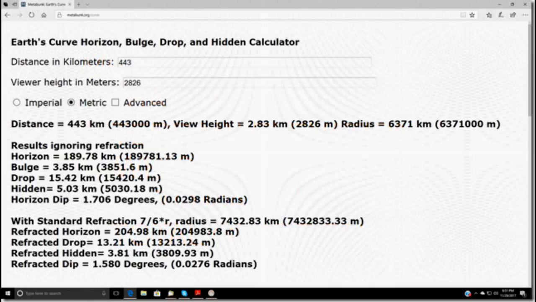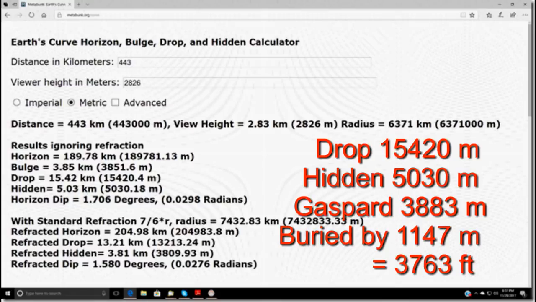Going by the globe drop calculator, the drop would be 15,420 meters. The hidden portion, which is based on the elevation of the observer, which in our case was peak Fenestrelle, should be 5,030 meters. Peak Gaspar is 3,883 meters.